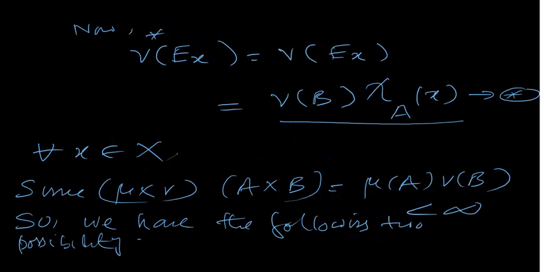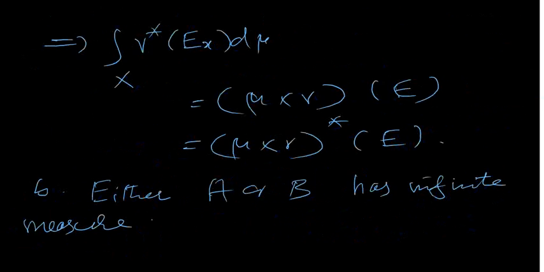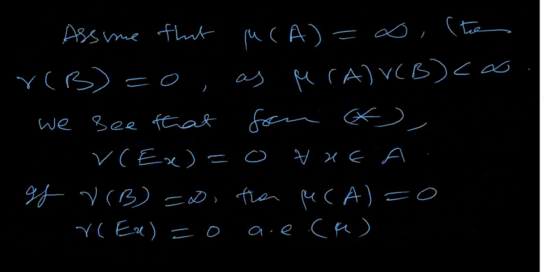If x is not in A, so outside of A, it's equal to 0. But the measure of A is equal to 0. So outside of A, if x is not in A, then it's equal to 0. So let me write it like this.